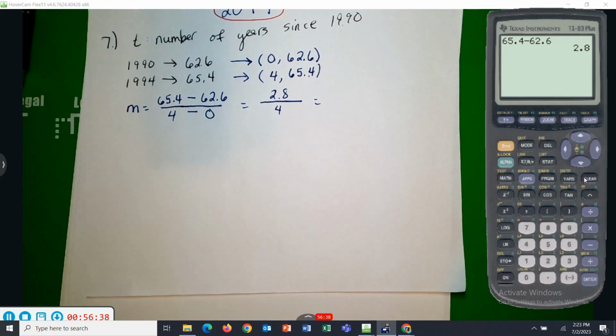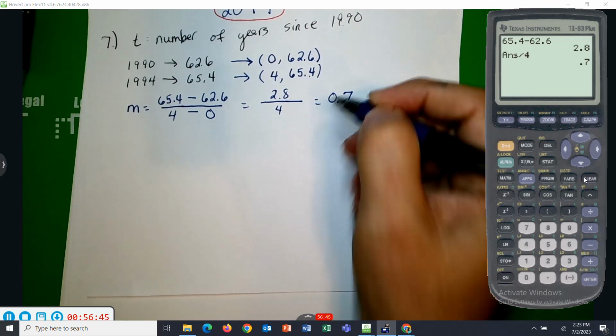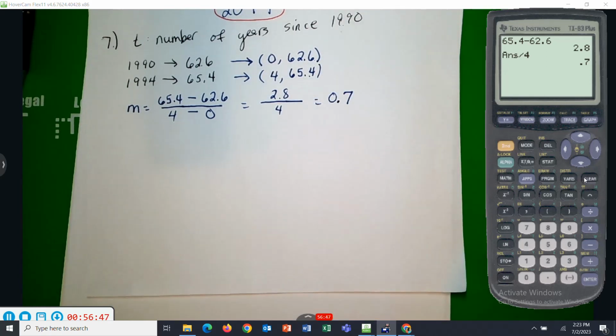What's 2.8 divided by 4? 0.7. So there's the slope.